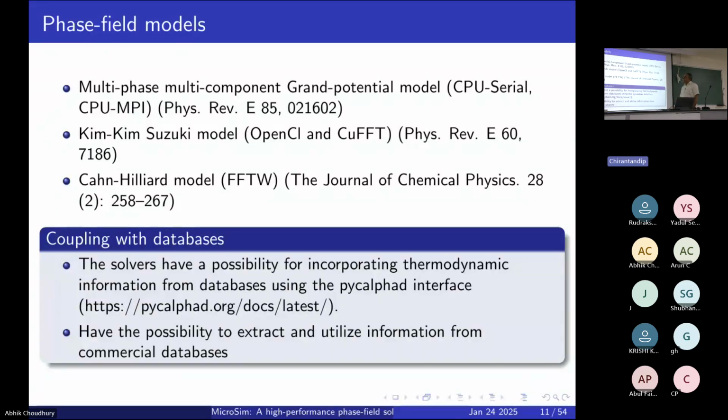So what are the various models? Here we try to take the original papers where they were first proposed, such as the multi-component grand potential model and the KKS model. These are the original references that we can look up to know the physics.